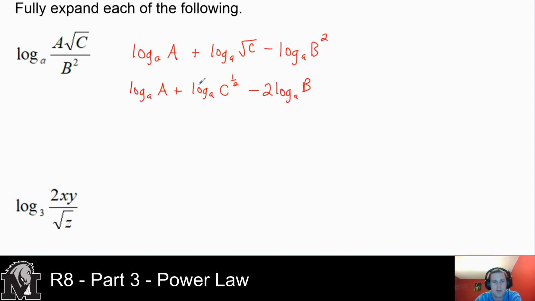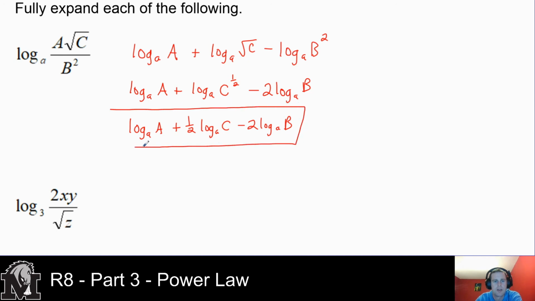We still have this exponent that needs to get written out in front, so this is going to be our last line of this question. So that is the full expansion of this expression.